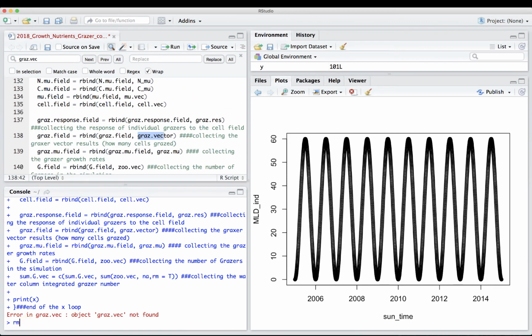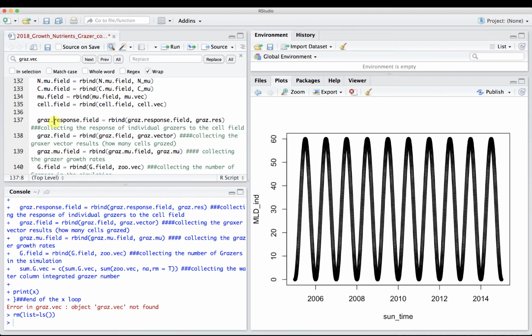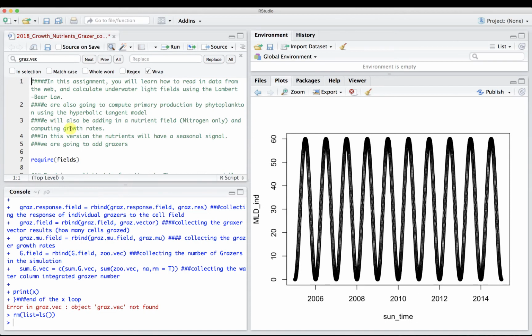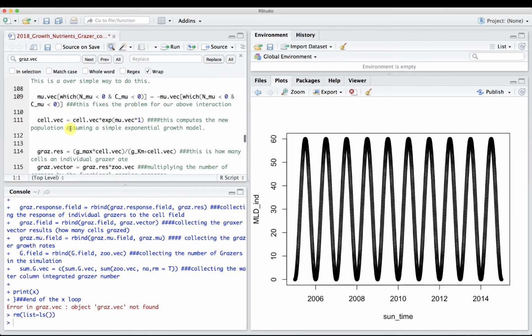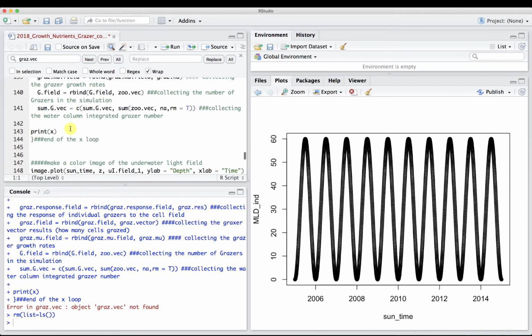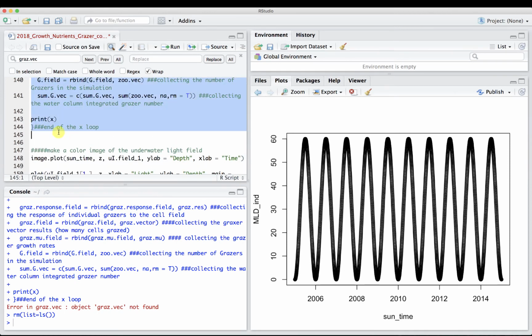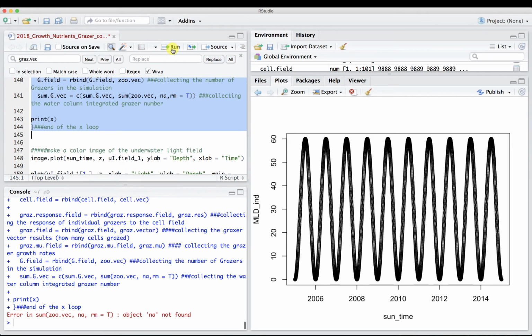Let's start from the top, all the way down now to the bottom of the loop. Okay, finding all kinds of little errors here.